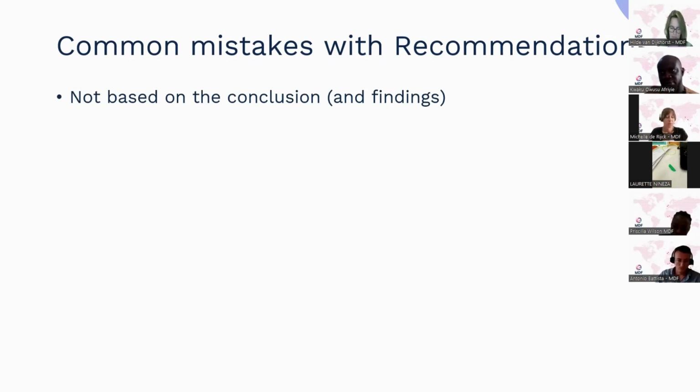So the key is to always make sure that the logic flows clearly in communicating your recommendation, from the finding to the conclusion to the recommendation. This sounds very obvious, but a lot of times I've read evaluation reports and talked to clients, and this is not the case. They're like, why is this recommendation coming up? So pay attention to that.